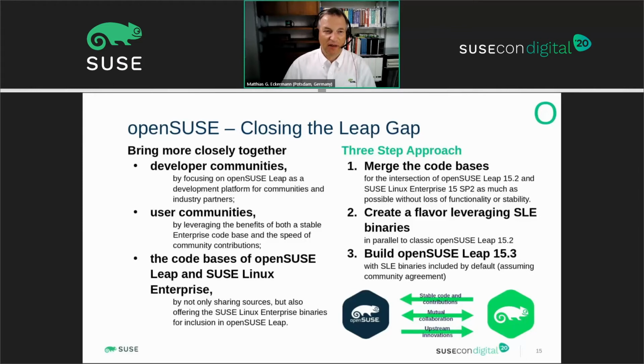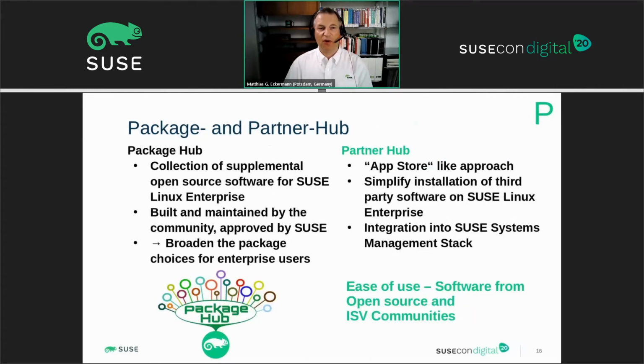And one of the results of SUSE and OpenSUSE working together is what we call Package Hub. This provides the packages that are available in the wide area of OpenSUSE Leap. You have heard about the Open Build Service as a tool where all of this is built.